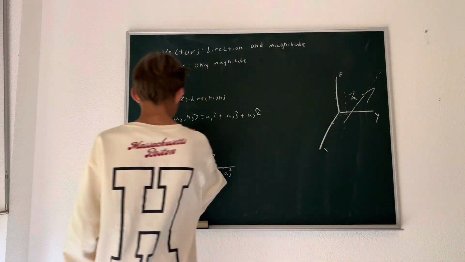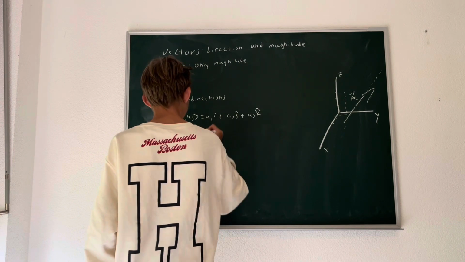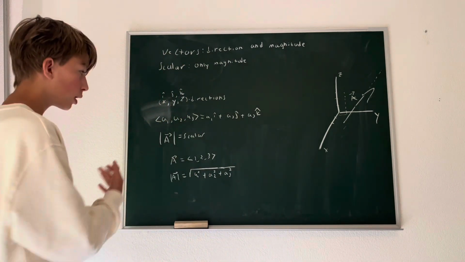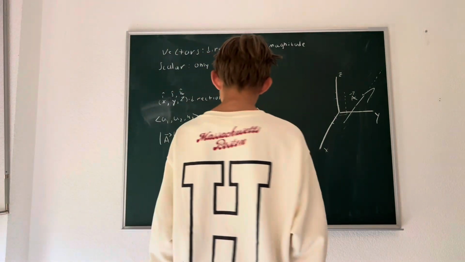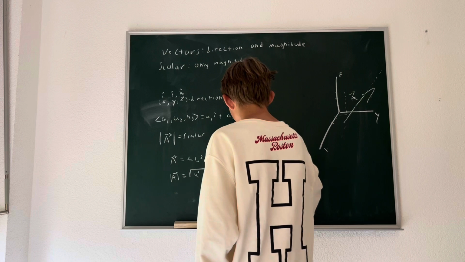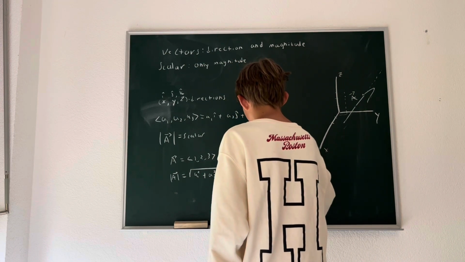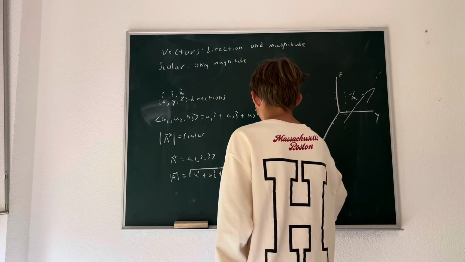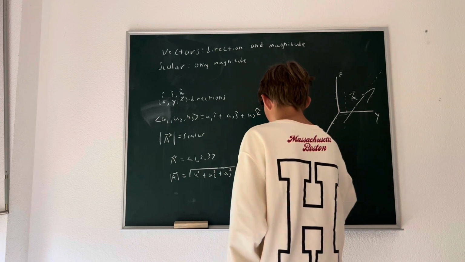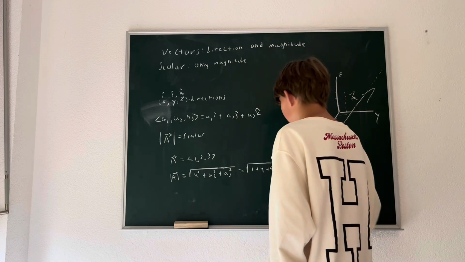This is actually going to be a scalar quantity since it's a numerical value. So let's plug these values in. That's going to equal the square root of 1 plus 4 plus 9, which is just the square root of 14.